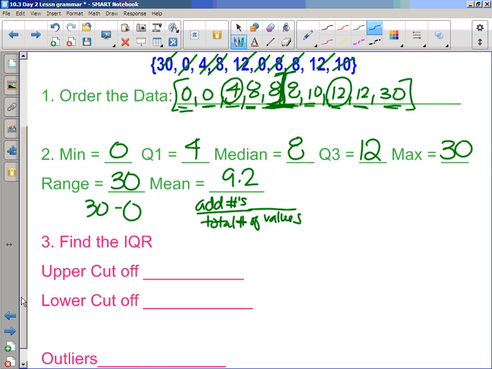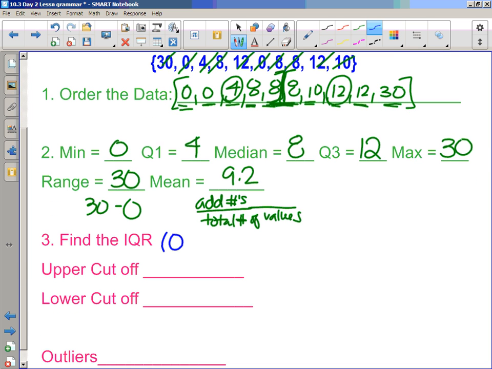Next step, find the IQR. Remember what the IQR is: Q3 subtract Q1. My Q3 was 12 and my Q1 was 4, so my IQR is 8. Next, I do 8 times 1.5, because remember the formula is Q3 plus 1.5 times the IQR, and Q1 subtract 1.5 times the IQR.